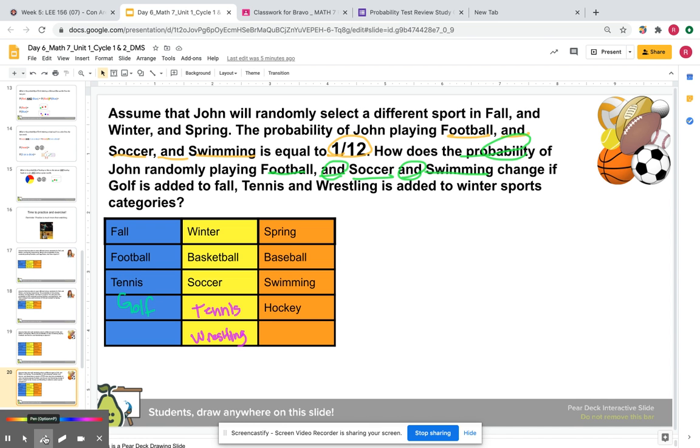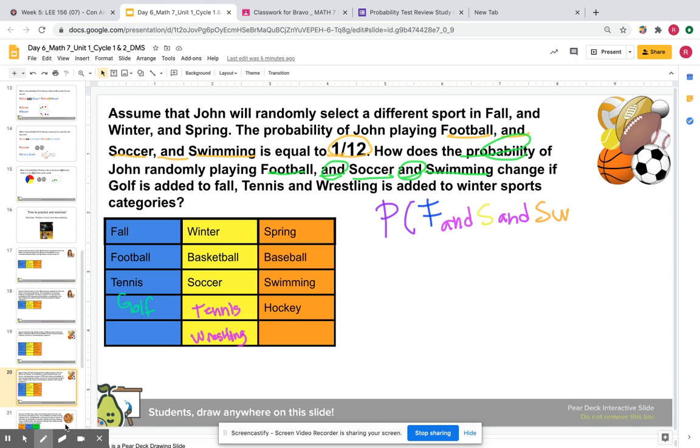So let me go ahead and write that out. We're finding the probability of football and selecting soccer still, and swimming. SW for swimming.